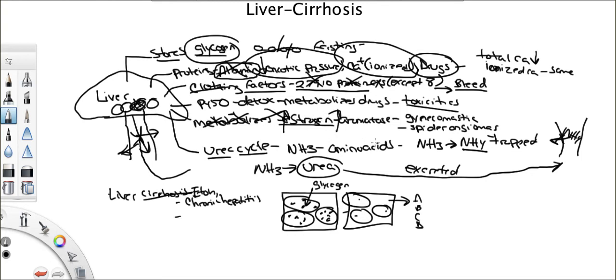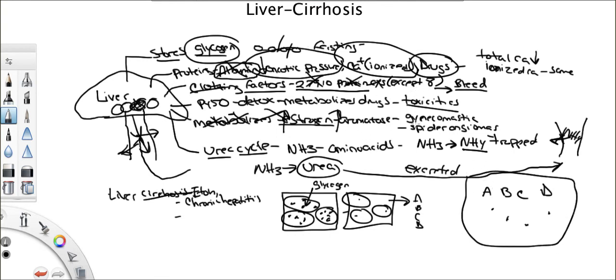Just making up a typical USMLE Step 1 question, they give you patients A, B, C, D, and show you varying estrogen levels, and ask which one of these would you expect a patient with cirrhosis to have? You'd obviously pick a higher one. Again, this is just an example, but think of ways you can apply this fact into a concept, especially a graph-like concept.